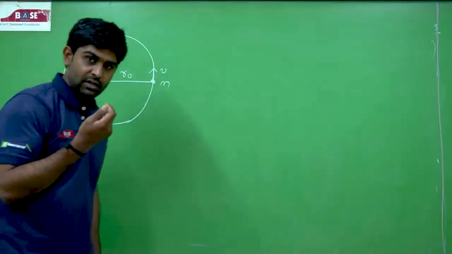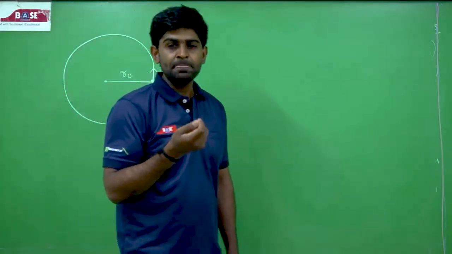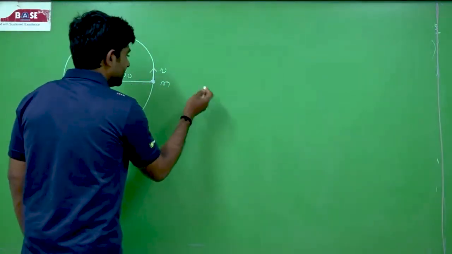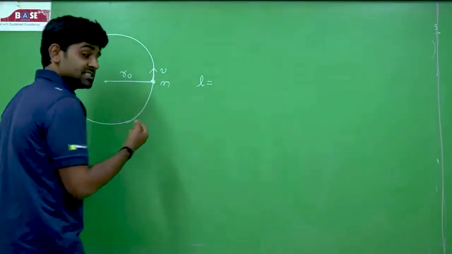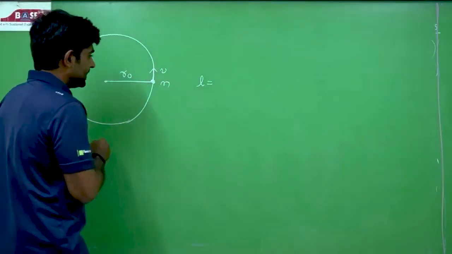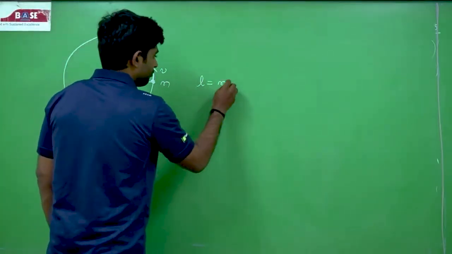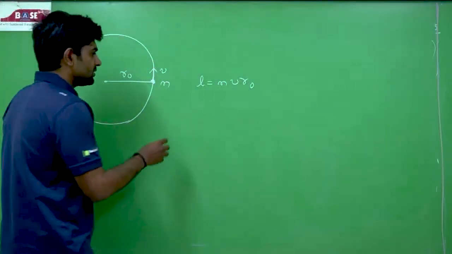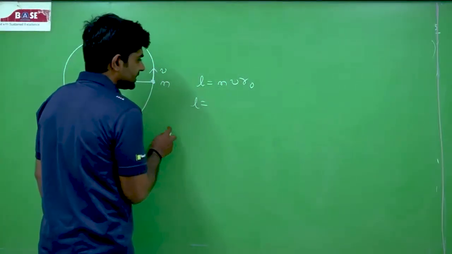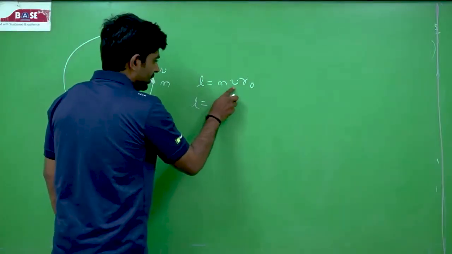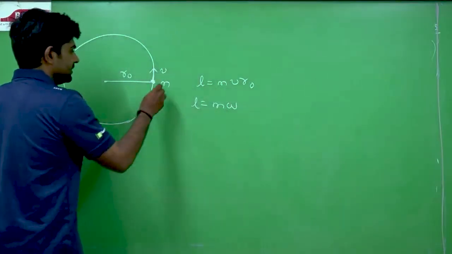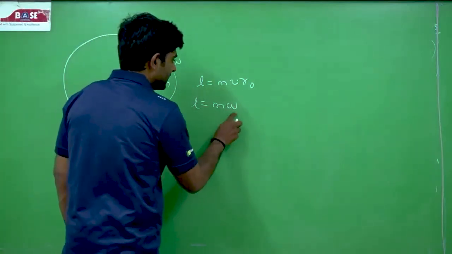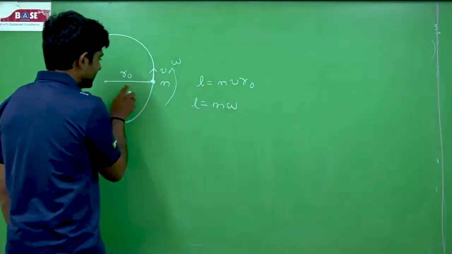If it is moving with certain velocity, definitely we can say that it has some angular momentum around this path, right? So angular momentum is given, L is the given symbol. So it is m, v and r0. This would be the angular momentum. But what we'll do is we'll just write this as m times omega, the angular speed with which it is moving in this circular path, omega r, so the radius is r0, right?